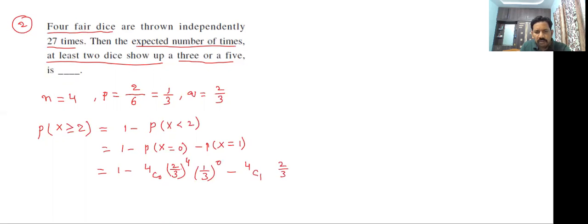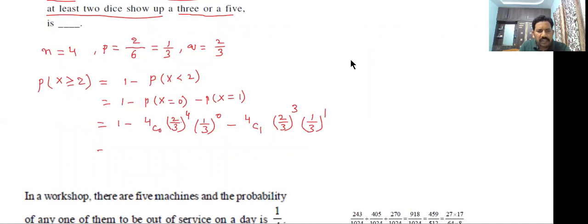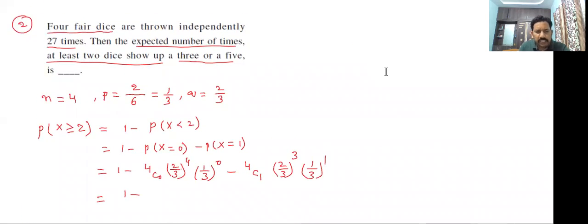4C1 into 2 by 3 whole power 4 minus 1, that is 3, into 1 by 3 whole power 1. Now here calculate this. 1 minus 4C0 means how much? There is 1. 2 by 3 whole power 4 means 2 2s are 4, 4 2s are 8, 16 by 81, minus 2 cube 8, 8 4s are 32, 32 by 81.